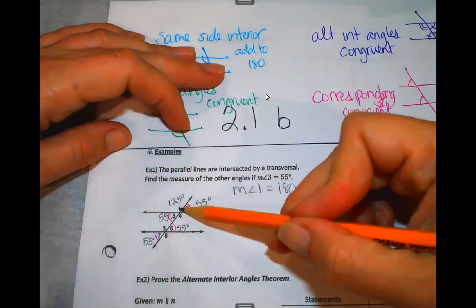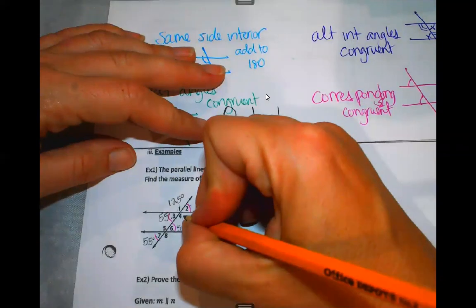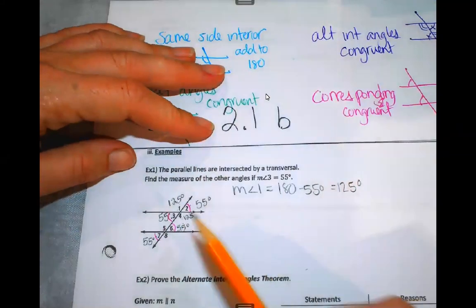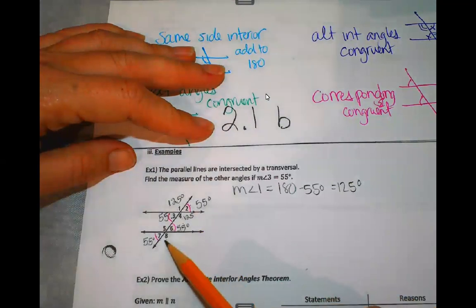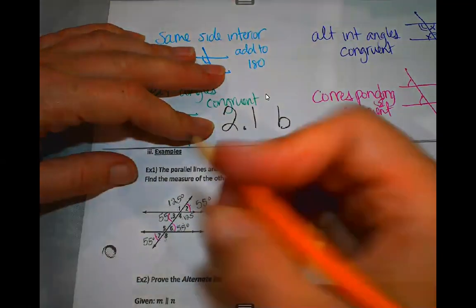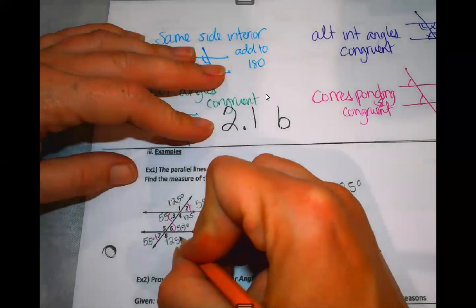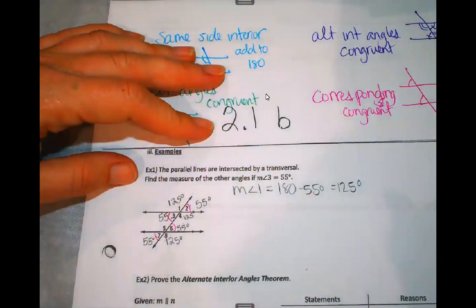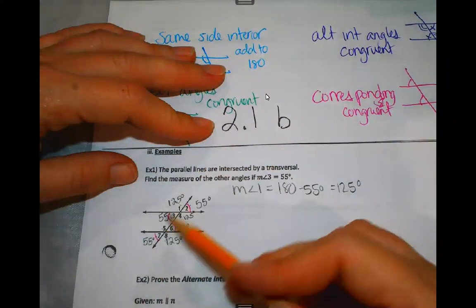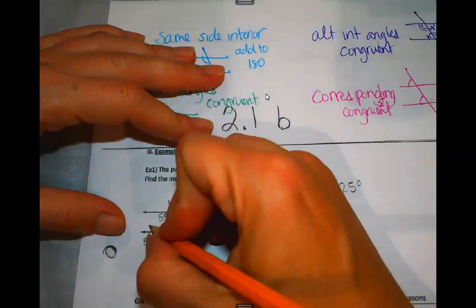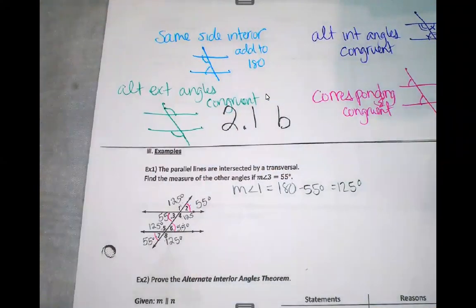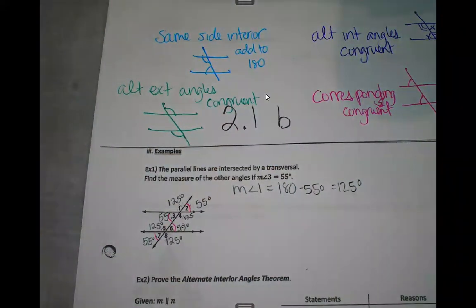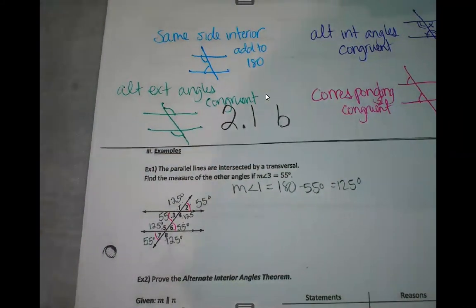Vertical angles, angle 4 is 125 degrees. 4 and 8 are corresponding, which means angle 8 is 125 degrees. 1 and 5 are corresponding, which means angle 5 is 125 degrees. I basically just found all the other angles. You're done. Excellent. Okay, now I'm going to do a proof.